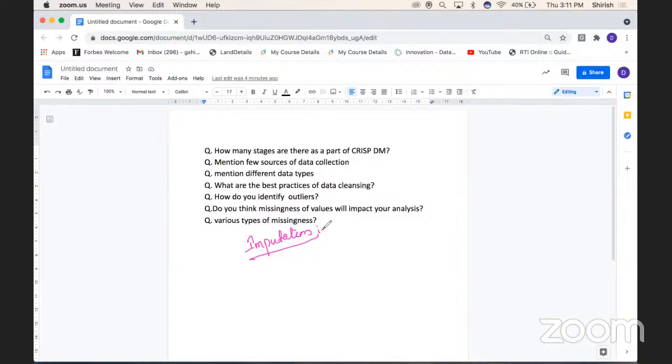So missingness is a very dangerous scenario. It will result in wrong analysis. So what you are doing is imputation. What is this imputation actually doing?